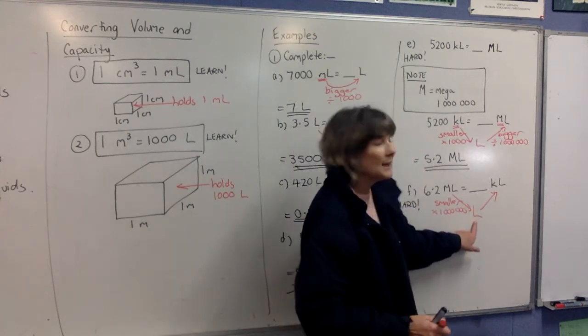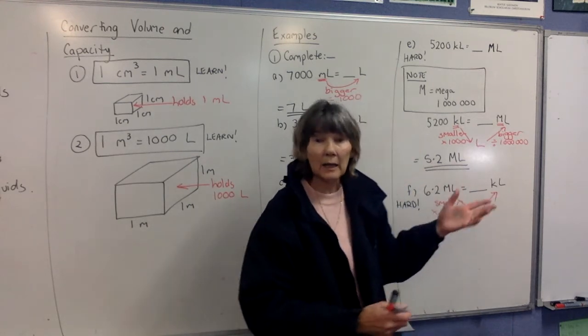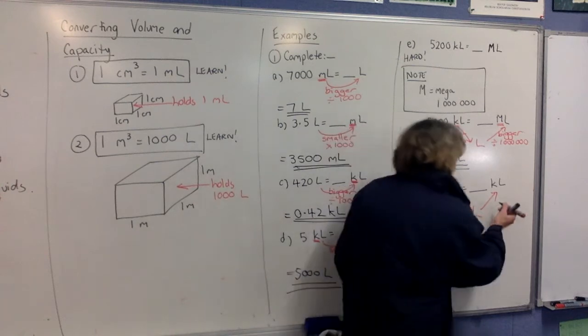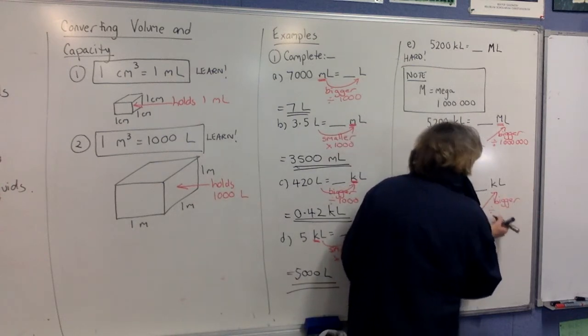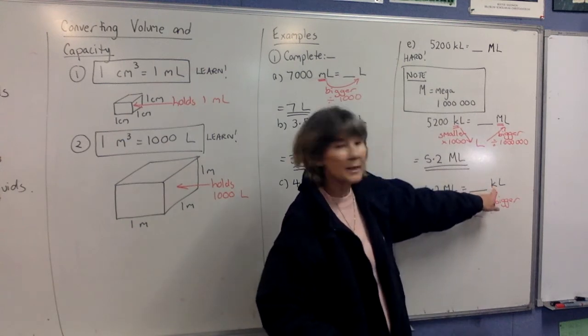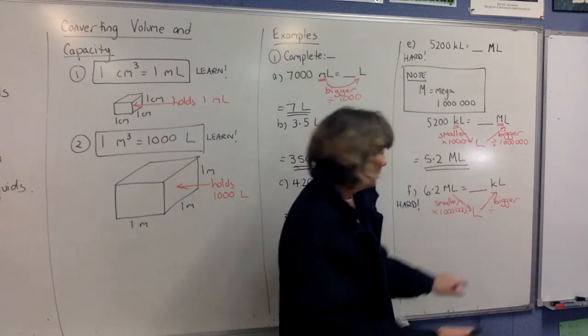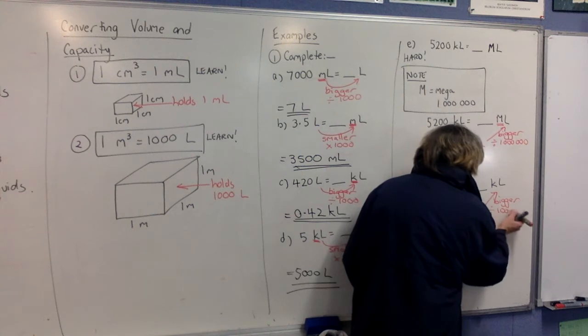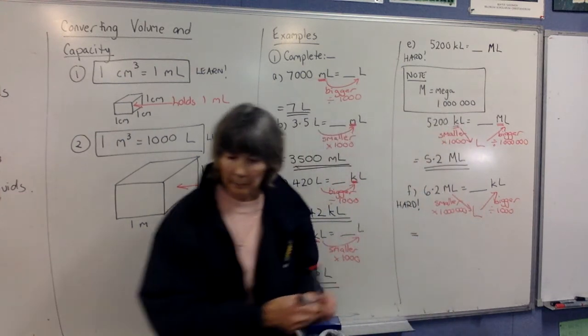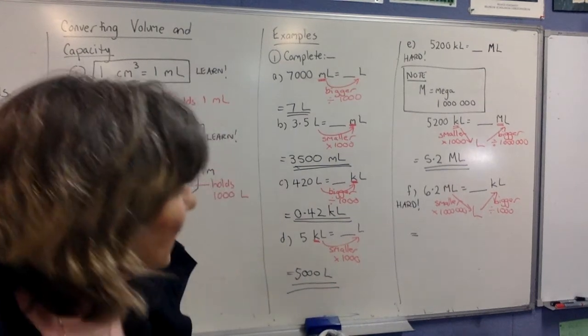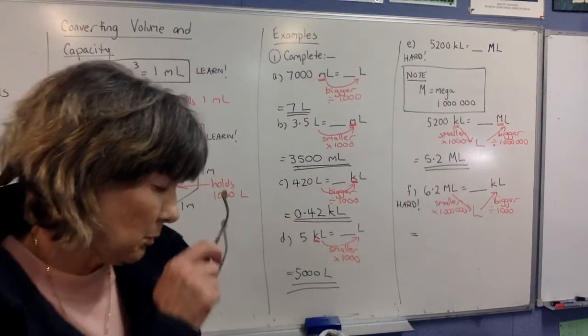Okay, now we're going from litres to kiloliters. A kiloliter is bigger than a litre. When you go bigger, you're dividing. And our only prefix here is K for kilo. That's 1,000. So now we're ready for our calculator. We've just got to put it all in now. So we get our calculator and we press in 6.2.